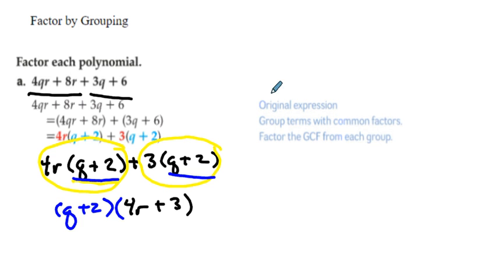Now, I want to show you something that's not on here, okay, that I think is worth looking at. What if you look at this and you say, well, you know what, I'm going to try rearranging this a different way. If I go 4qr plus 6, right, and you decide to move that, then that's going to leave me 3q plus 8r, right?